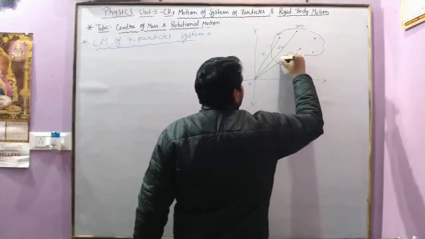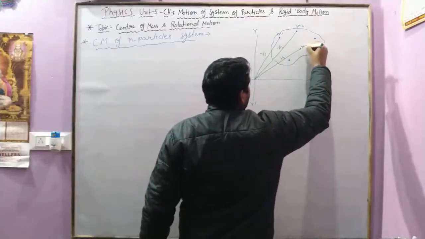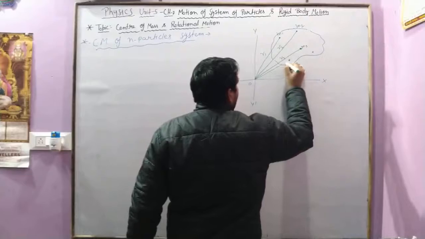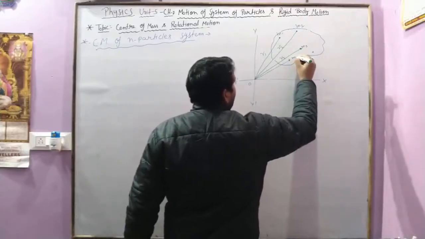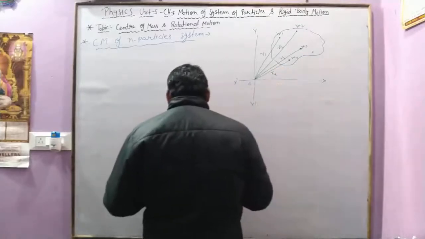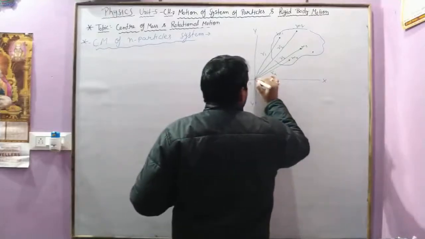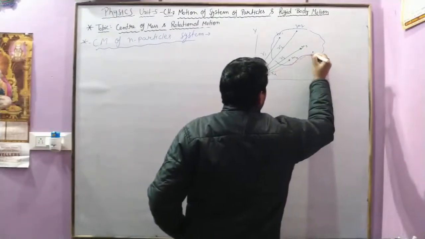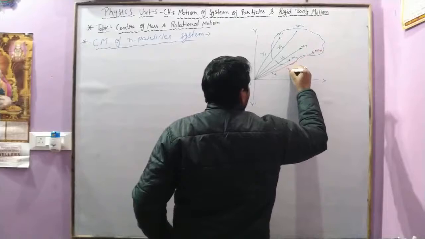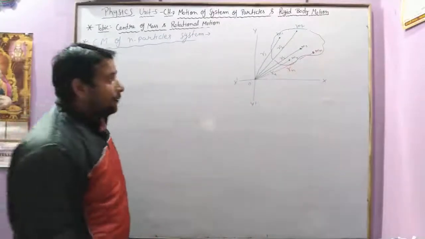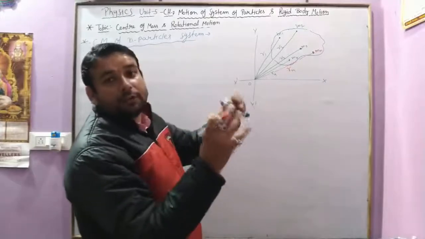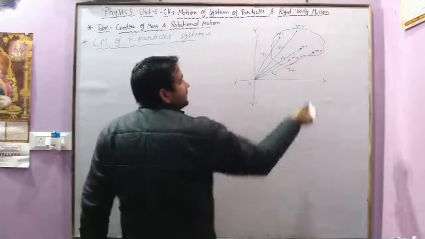Radius of particle 3 having mass m3 is r3, and radius of particle 4 with mass m4 is r4, and the radius of particle n of mass mn is rn.